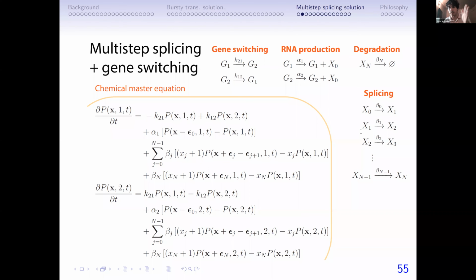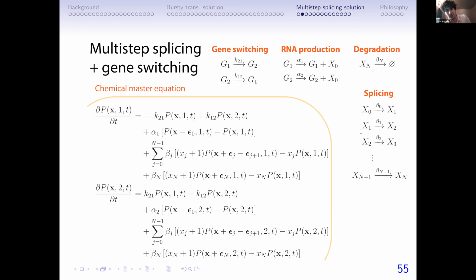So first you have unspliced, then one intron removed, then the next intron removed, and so on. And then the end product can degrade. This problem is way harder naively than the other one, because now you have n+1 chemical species, where n is the number of splicing steps in your model.